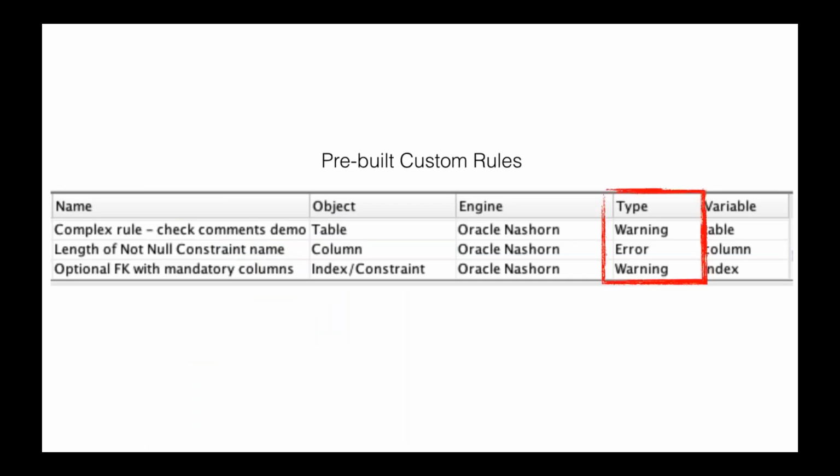Taking a closer look at the custom rules, you'll notice that in addition to whether we want to consider this rule an error or a warning, you're going to have to tell which type of object you're going to be testing. And specifying this target object is important because it helps you categorize your rules, and it also saves you a whole line of code because that object variable does not have to be declared in your script.